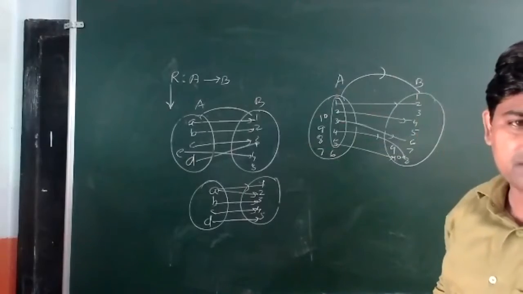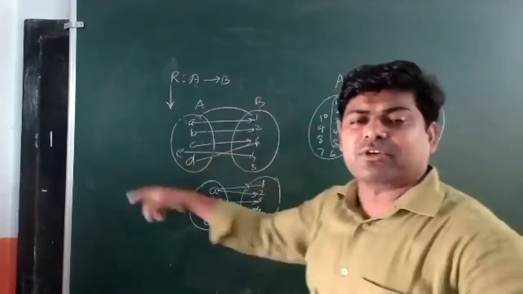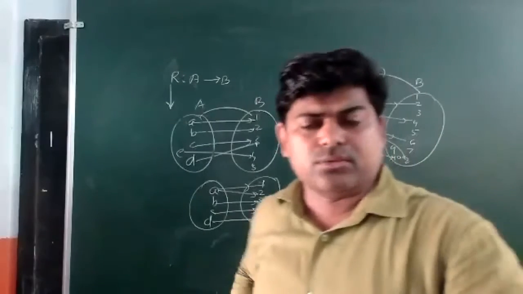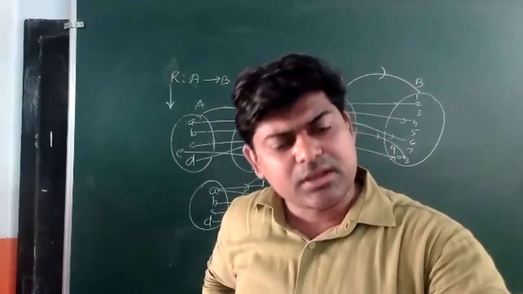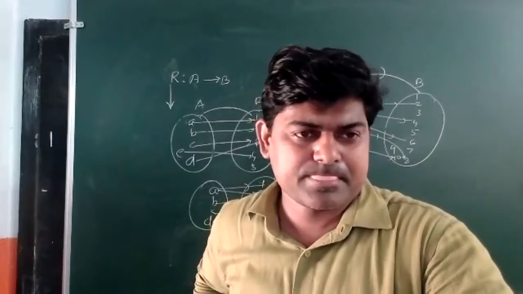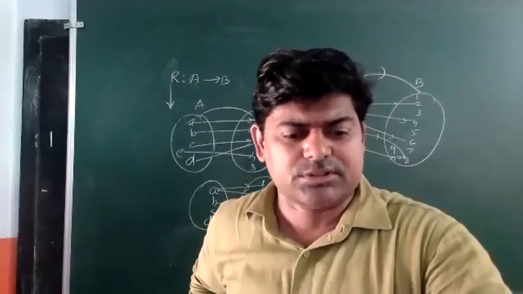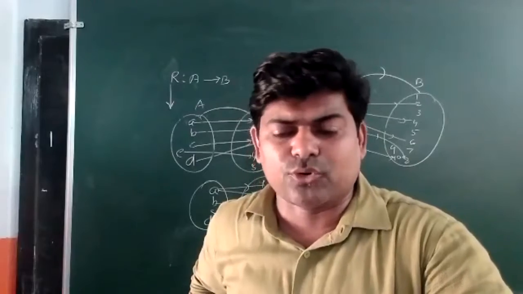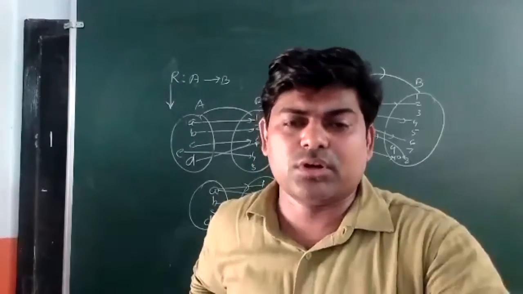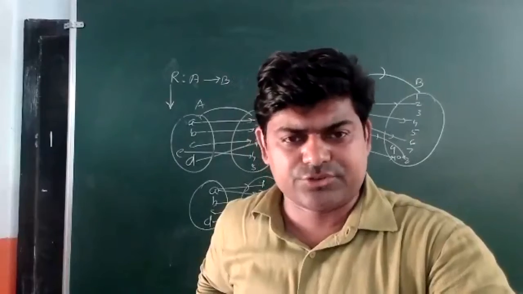I can say that domain is a subset of A, but here domain will be equal to A. That whole A will be called the domain. It's okay. This is the one point I wanted to say. Now, as I told you, one student asked about one-one, many-one, onto, and into.